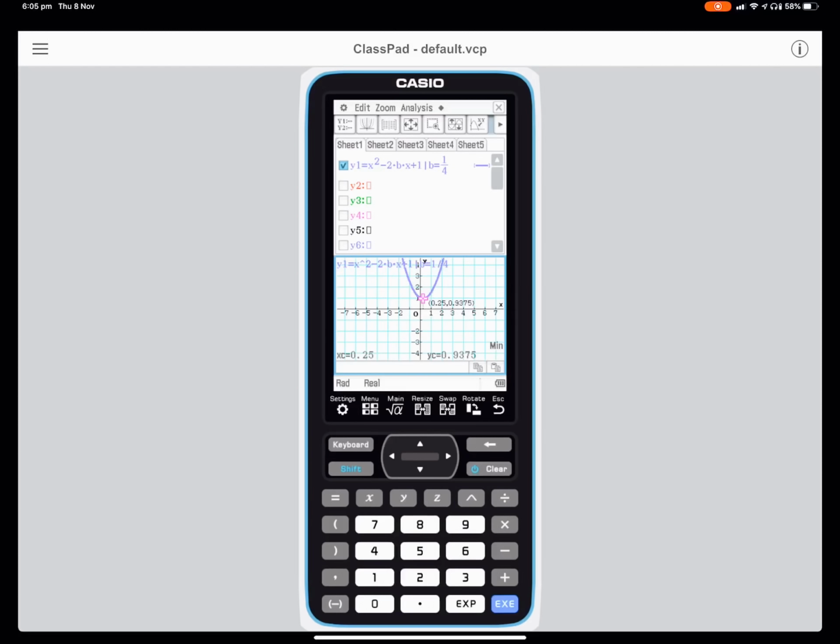So I've got a quarter, 0.9375. If b is a half, I've got a half, 3/4.